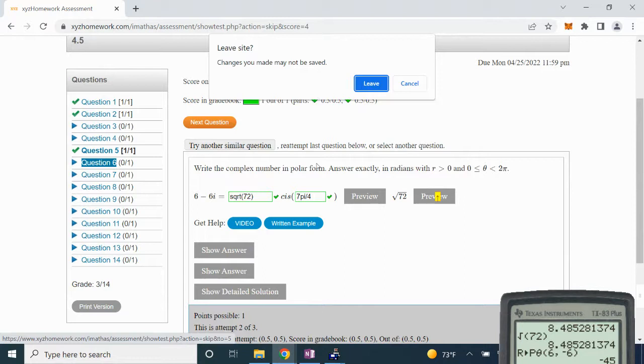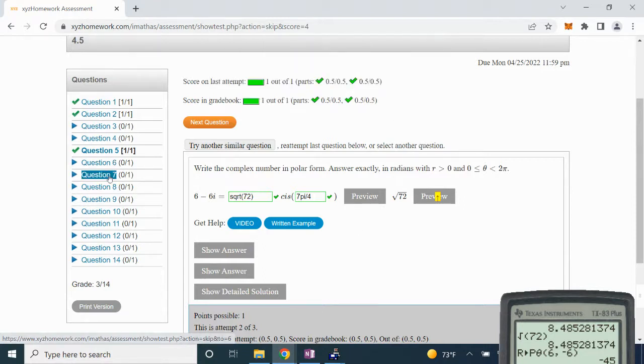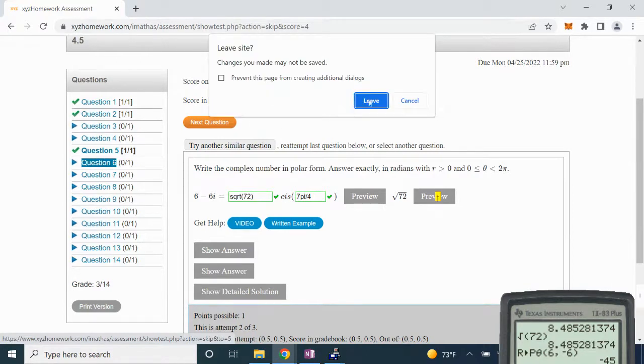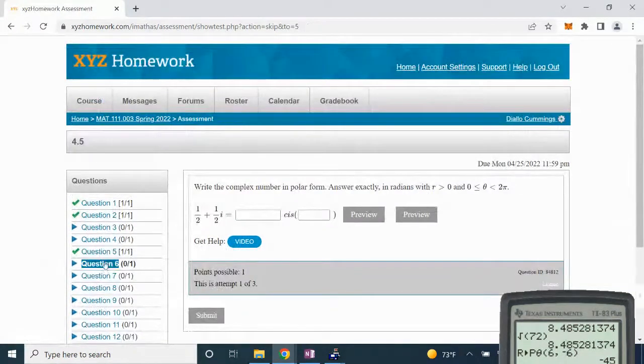At this time, I want you to do number 6. I'll give you a second or so to do number 6, and then we're going to return with the solution.